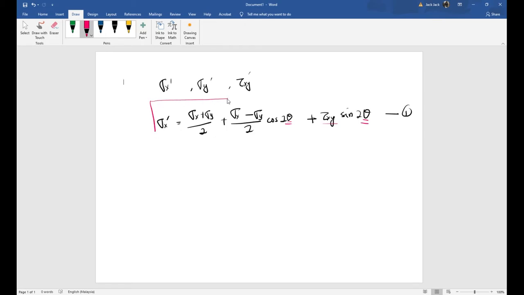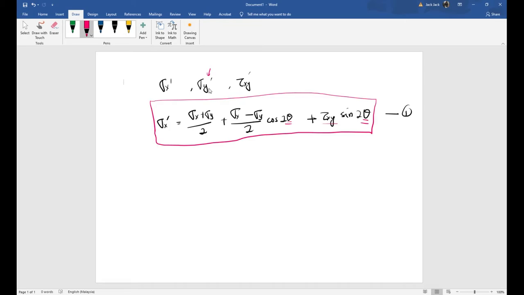So please memorize this equation. I'm not sure this equation will be provided in your final exam as an appendix, but I strongly suggest you try to memorize it so that you'll be very familiar with this equation.